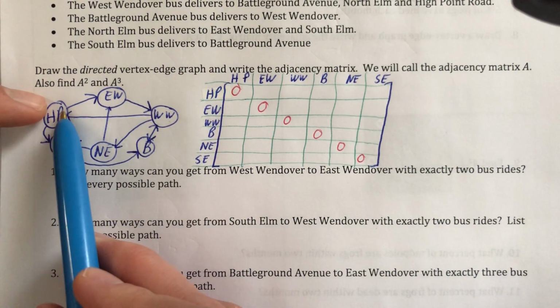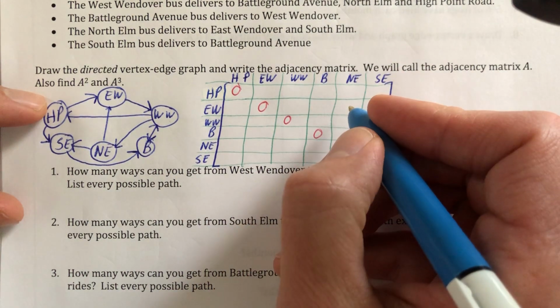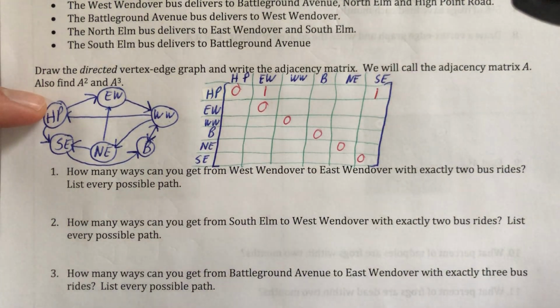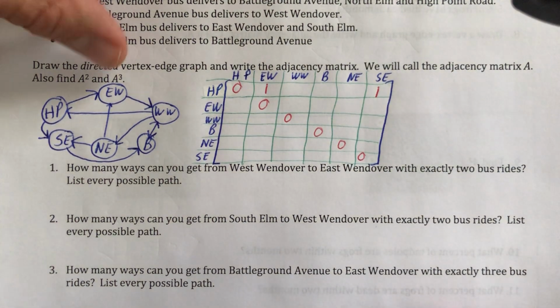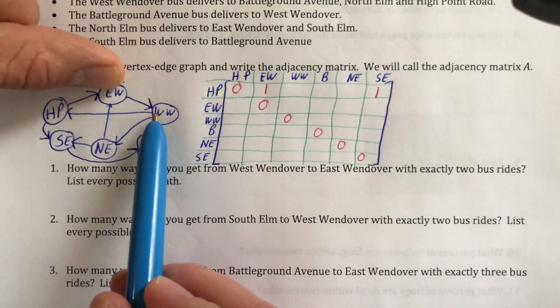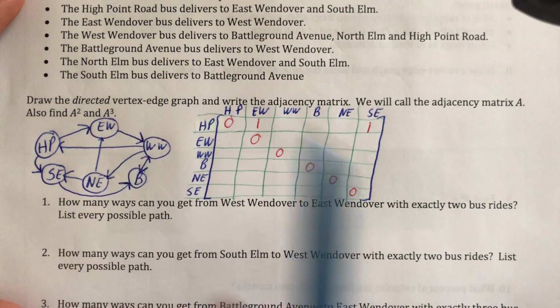Okay. High Point goes to East Wendover and South Elm. I'm going to go through and put in zeros at the end. East Wendover goes to West Wendover, and that is it. And you could get this information from your vertex edge graph. You could get it from up here also.